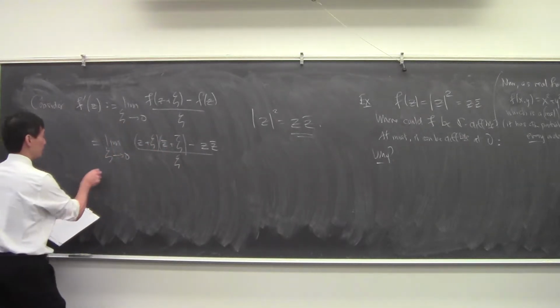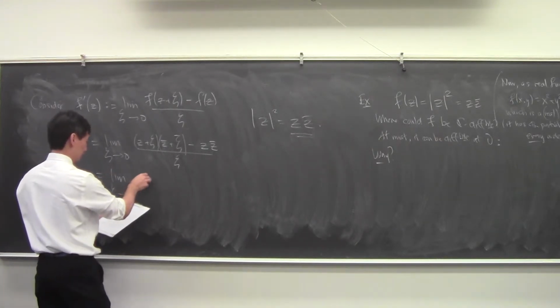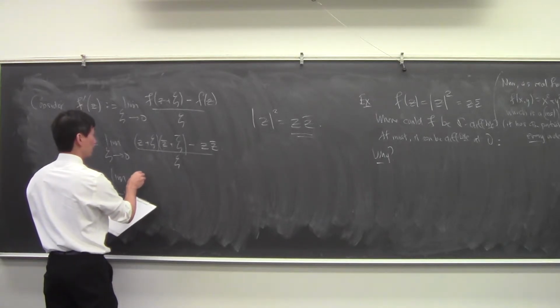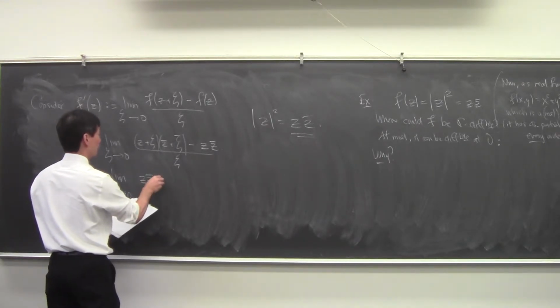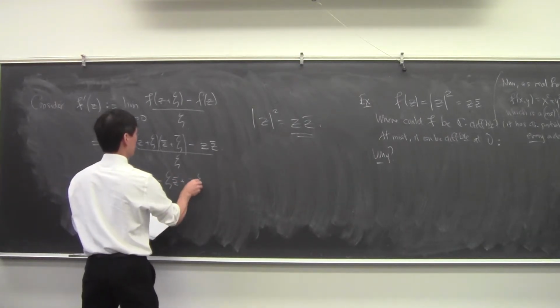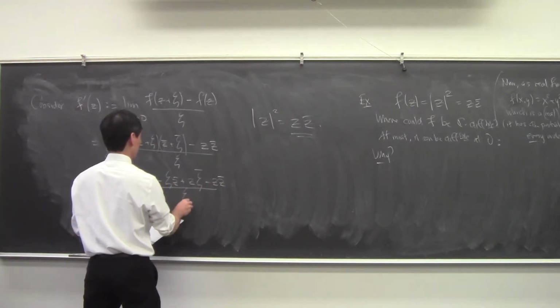Okay, so then we multiply. We get z z bar plus zeta z bar plus z zeta bar plus zeta zeta bar minus z z bar, over zeta.